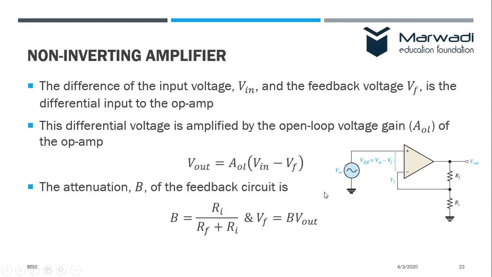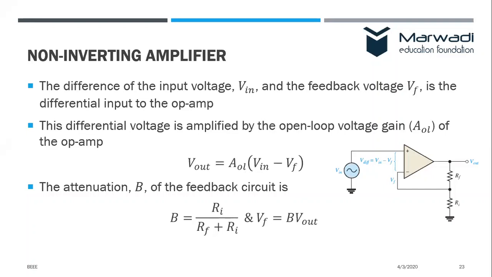Okay. Now let us say that Ri upon Rf plus Ri, what we discussed in the last slide, because it is a voltage divider. So a voltage divider is also known as an attenuation circuit. The meaning of attenuation is just the opposite of amplification.